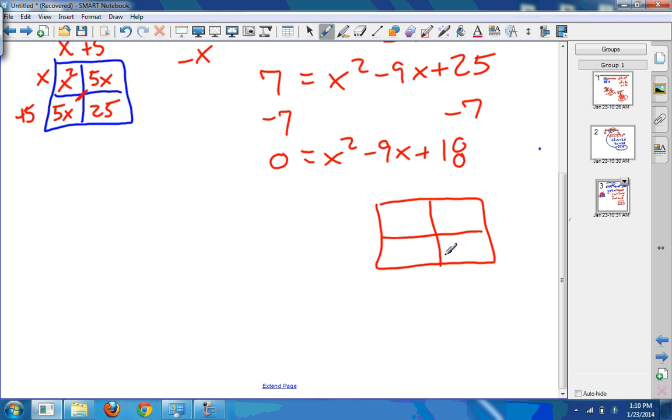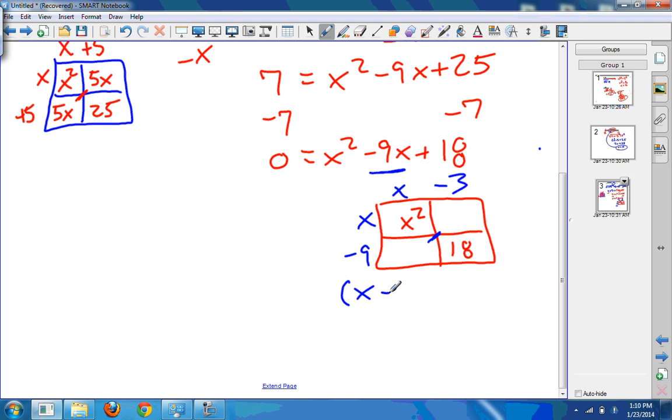And my middle two numbers here have to add up to minus 9. X and x go there, so we have to figure out what multiplies together to equal 18 and what adds together to equal negative 9. And I think minus 3 and minus 9 are going to do that. So we have x minus 3 and x minus 9 as our factors.